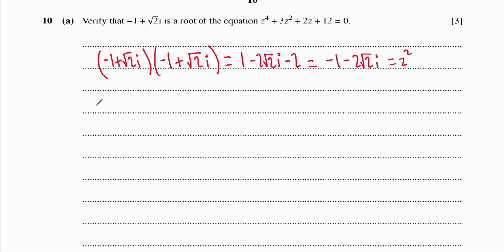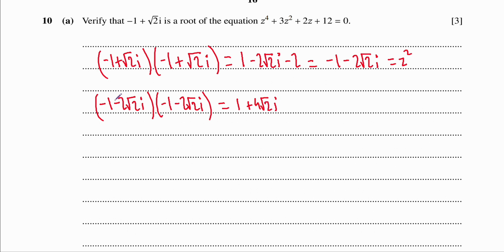Now we need to square this as well. So we need minus 1 minus 2 root 2i times minus 1 minus 2 root 2i. Minus 1 times minus 1 is 1. We have minus 2 root 2 times negative 1, so that's plus 2 root 2, and we have 2 of those, so plus 4 root 2i.